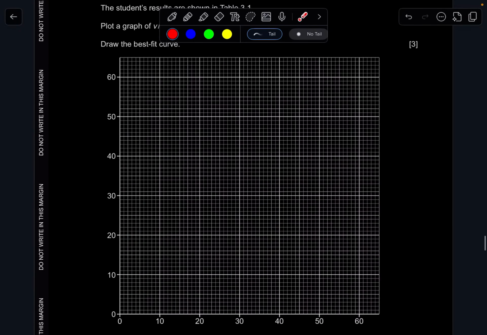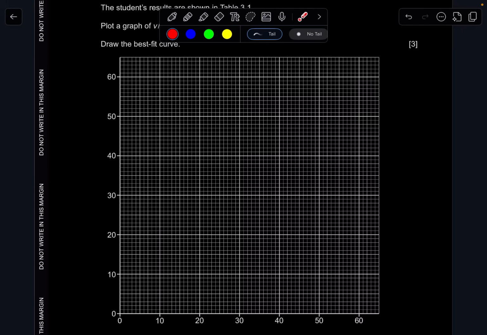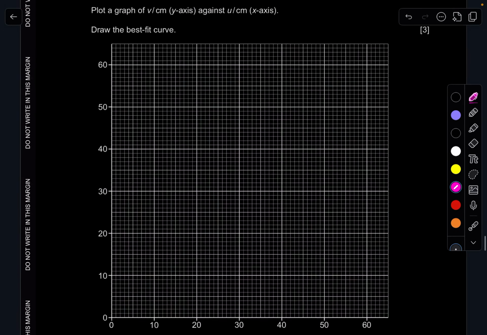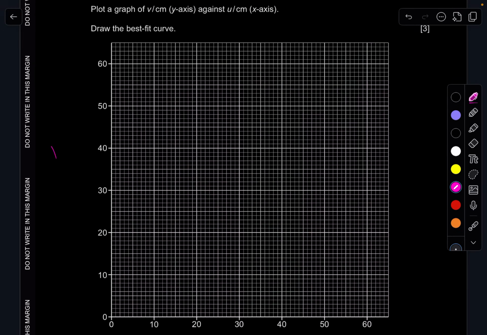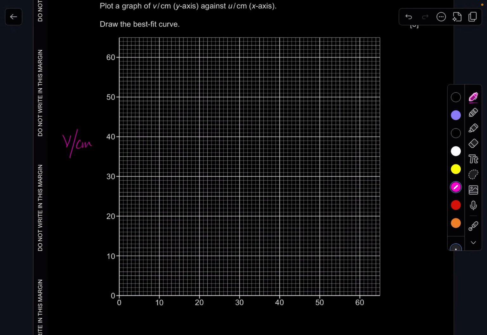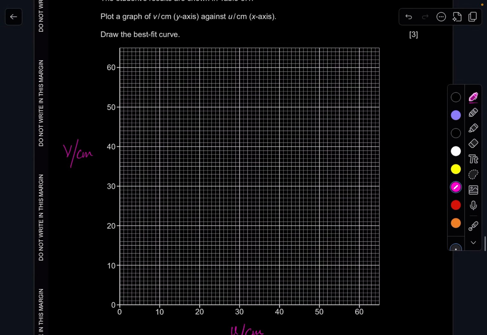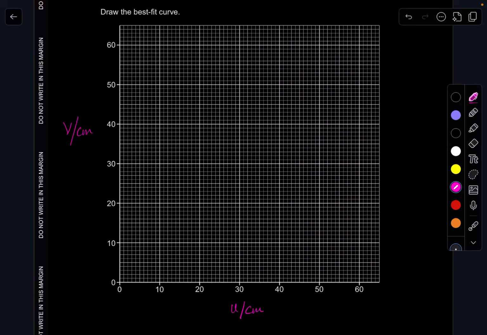On the y-axis you have to label it v slash centimeter, and the x-axis will be u slash centimeter. Okay, this is the first thing that you have to do. We don't have to do the scaling as it is already done, so we just have to locate the coordinates here.